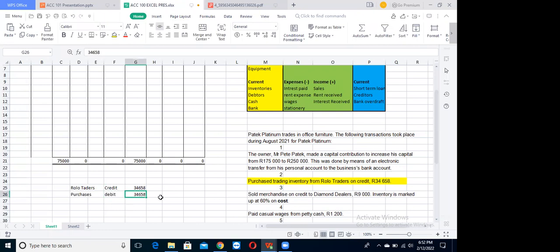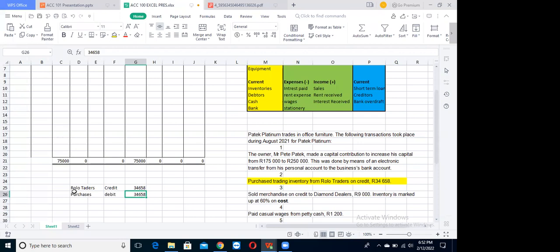So the amount that we credit is the very same amount that we debit, as the double entry concept states. For every debit entry, there is an equal and corresponding credit entry. So we want to credit Rollo Traders with 34,658, and we want to debit purchases with 34,658.